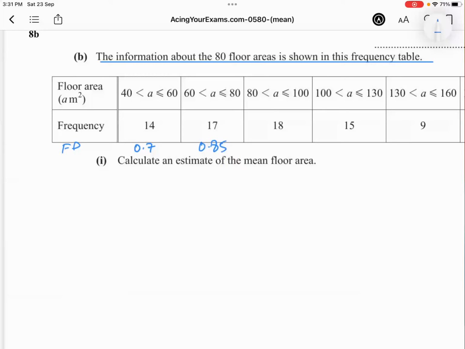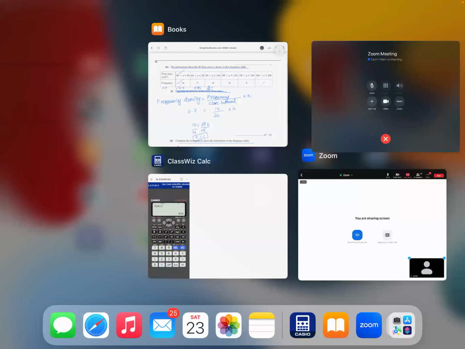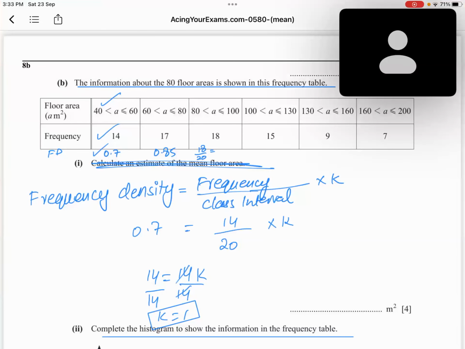Okay, wait a minute. Let me check. I can see everything. Yeah, it's stuck. Wait a minute. Now, is it fine? Okay.